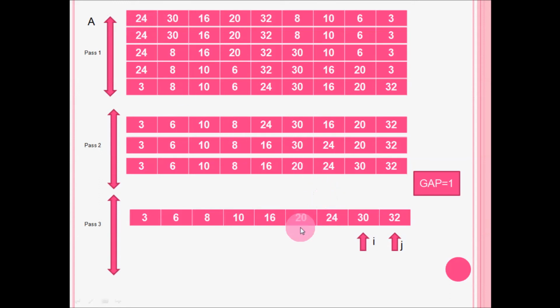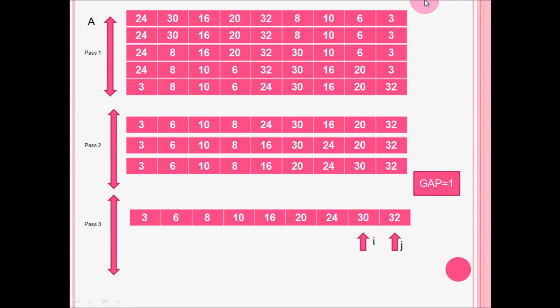in such a small number of passes, because the scenario is that the smallest element is at the rightmost part, and to take it to the leftmost part using insertion sort we require a lot of shifting. But in such a small shifting we take 3 to the leftmost position, and 24, meaning all the items, into sorted form using the shell sort.